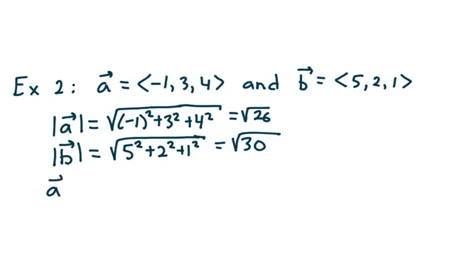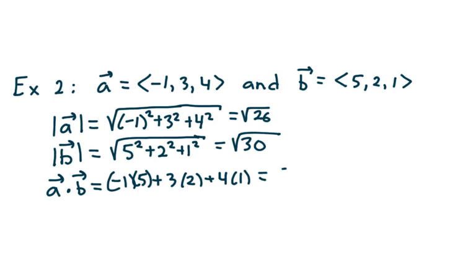And then A dot B is equal to negative 1 times 5 plus 3 times 2 plus 4 times 1. And so if I simplify that, negative 5 plus 6 is 1. 1 plus 4 is 5.